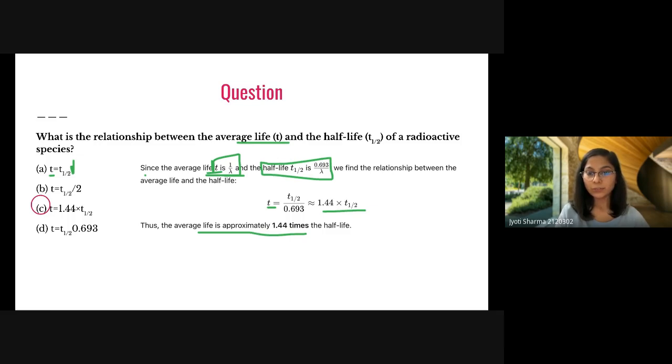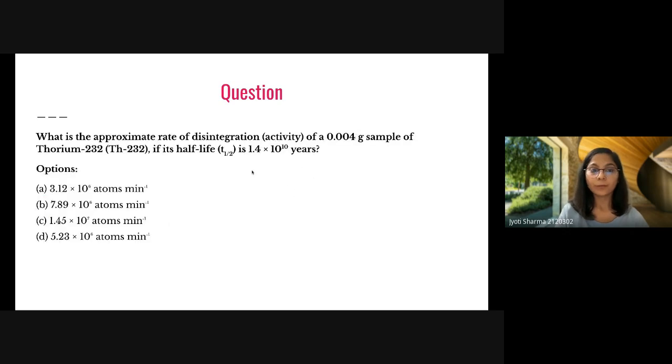Now let's come to the next question. Okay, this is a numerical question. What is the approximate rate of disintegration? And this disintegration rate is also known as the activity of a 0.004 gram sample of thorium 232, if its half life is 1.4 into 10 raised to power 10 years.